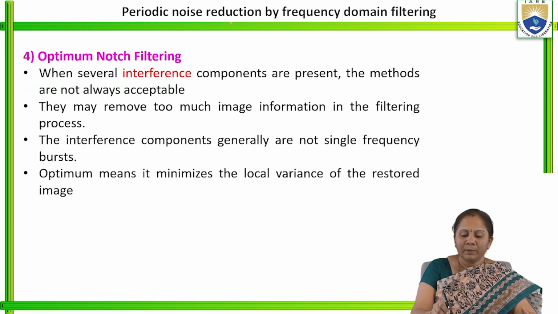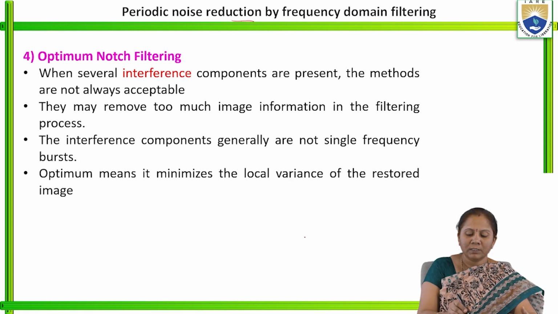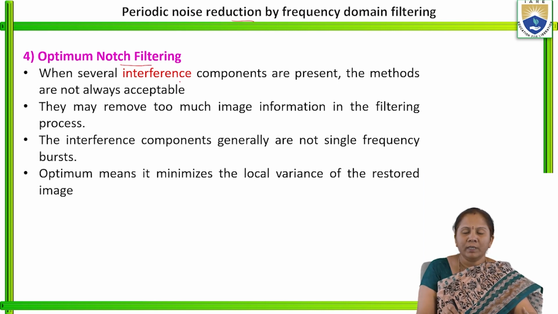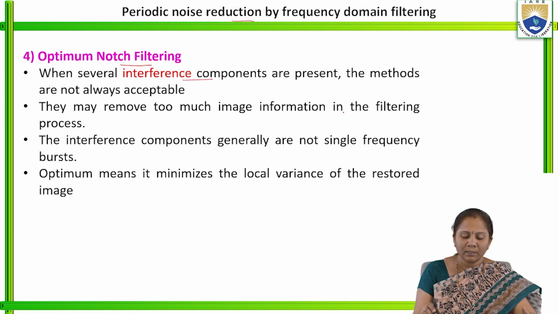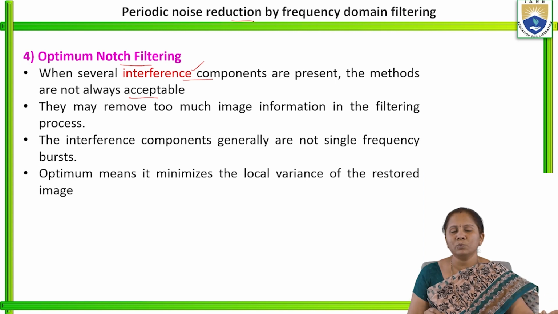The last type of filter for periodic noise reduction is optimum notch filtering. When several interference components are present, the methods are not always acceptable. If a lot of interference components are available, the filters we have learned up to now, like band pass, band reject and notch filters, are not applicable in the frequency domain.